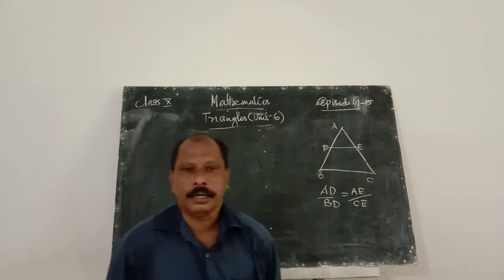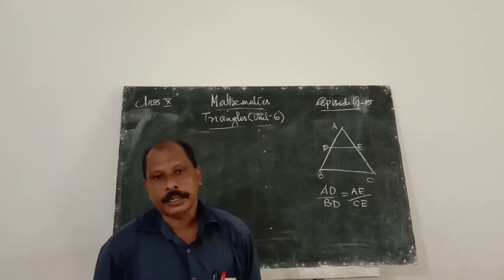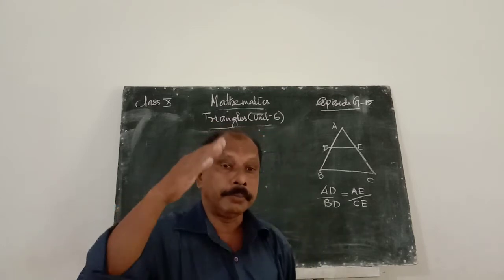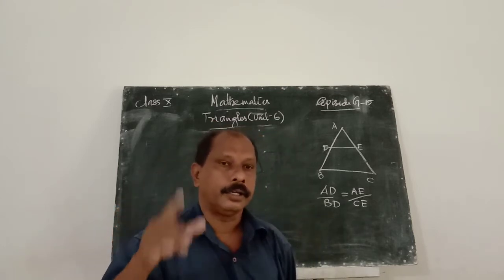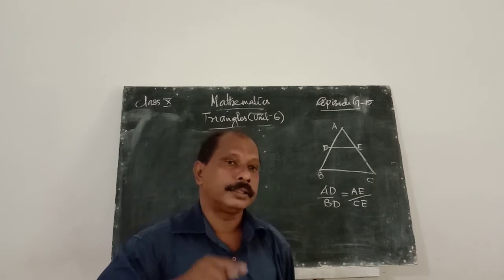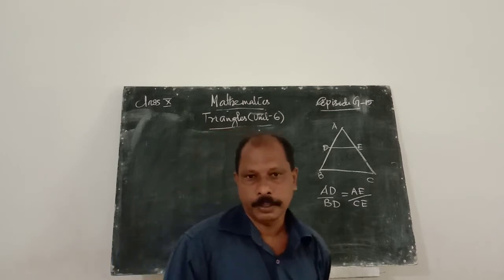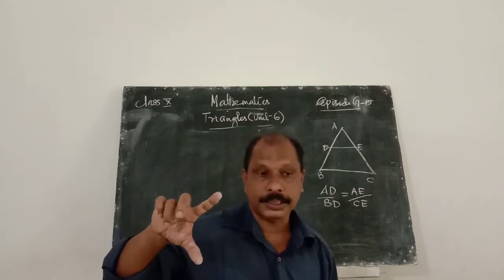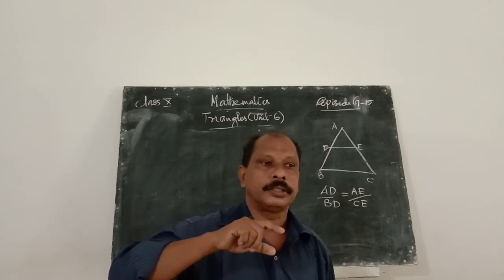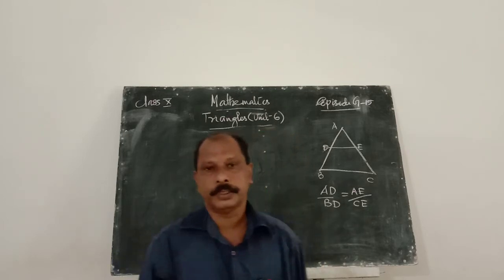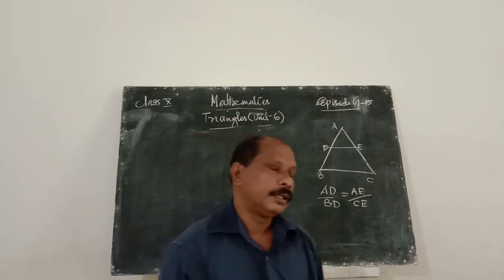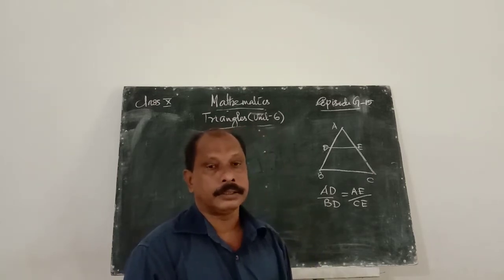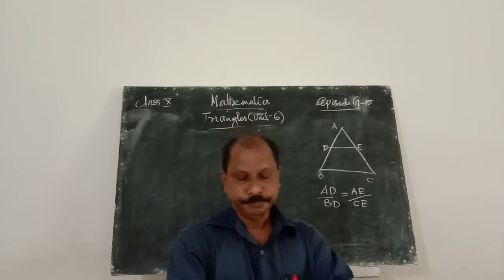Therefore, area of triangle ADE by area of triangle CDE is equal to half into base AE into altitude DM, by half into base CE into altitude, also DM. Half cancels, DM cancels, we get AE by CE, equation number 2.